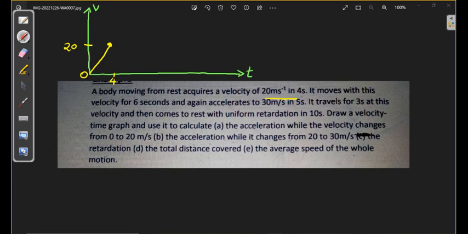And then we've been told it moves with this velocity for 6 seconds, meaning that it will continue moving at 20 meters per second for 6 seconds. So if you are at 4 seconds and then you move for 6 seconds, what time are you going to reach to finish the 6 seconds?